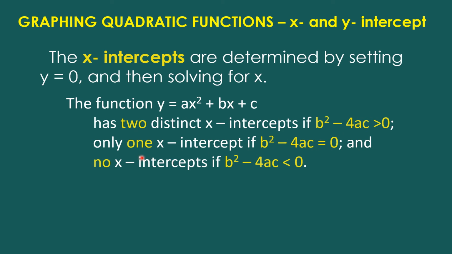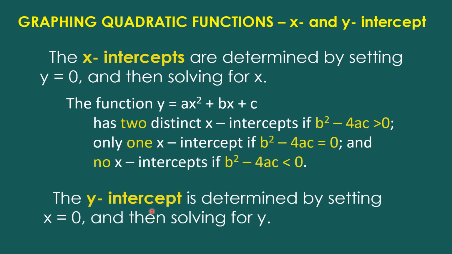There is only one x-intercept if b squared minus 4ac equals 0, and there will be no x-intercept if b squared minus 4ac is less than 0. Now, how about the y-intercept? The y-intercept is determined by setting x equals 0 and then solving for y.